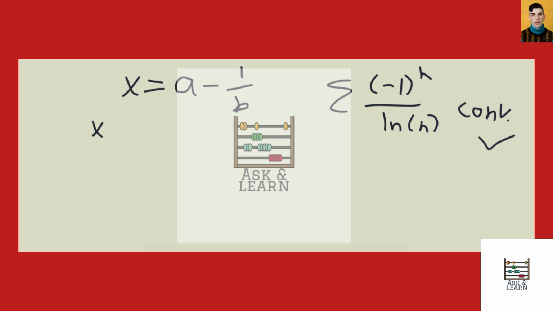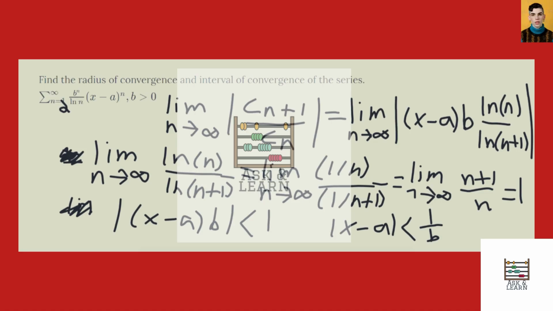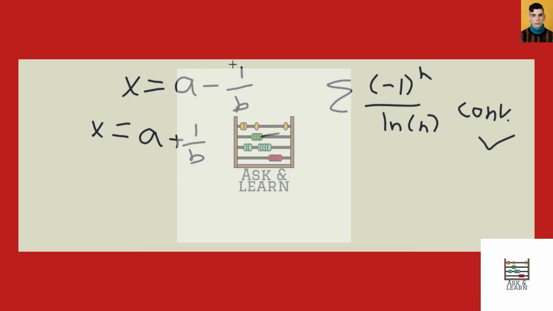So that's good. When x is equal to a plus 1 over b, if we plug in a plus 1 over b here, a plus 1 over b minus a, we just get 1 over b. So 1 over b to the n will cancel out with this b to the n. So then we just get 1 over natural log of n.